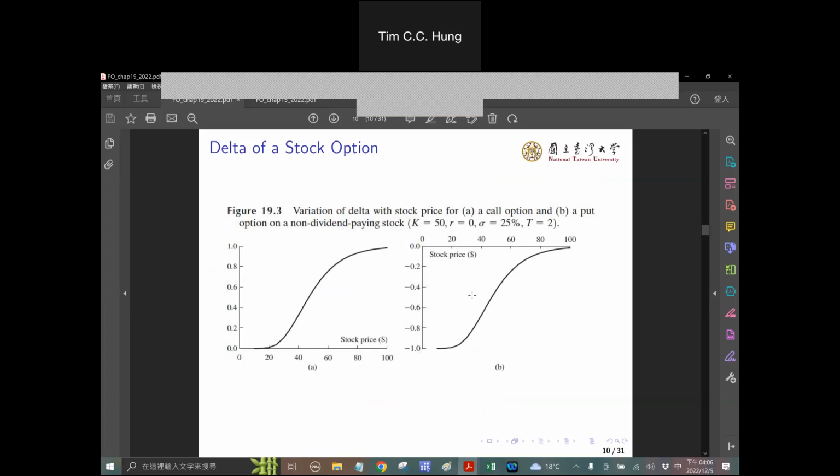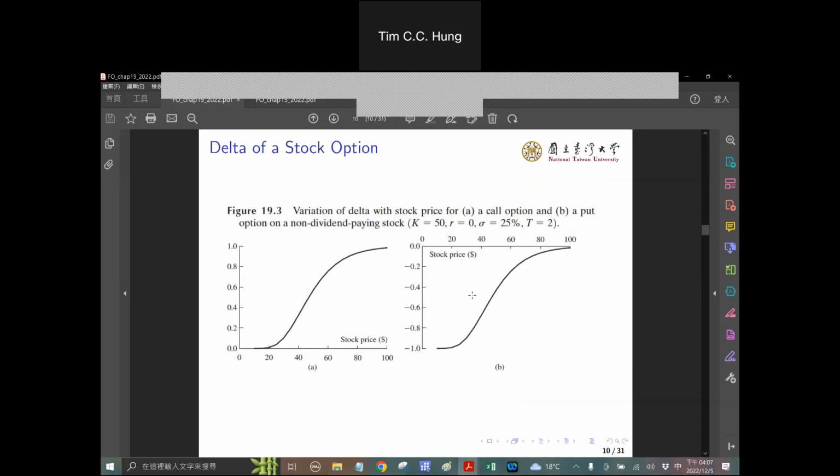Because it captures the curvature, anything that changes too much with respect to the stock price is captured by the second moment, which is the gamma. Gamma and delta are probably two of the most important parameters you have to understand among the Greek letters.